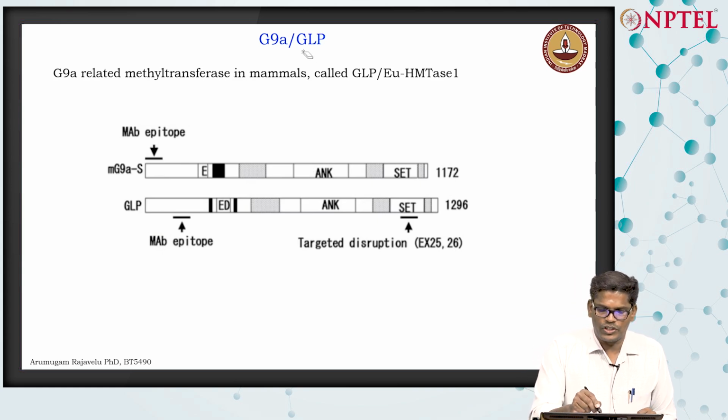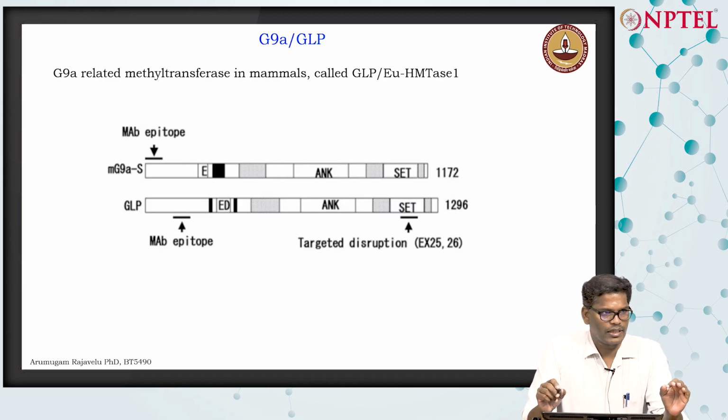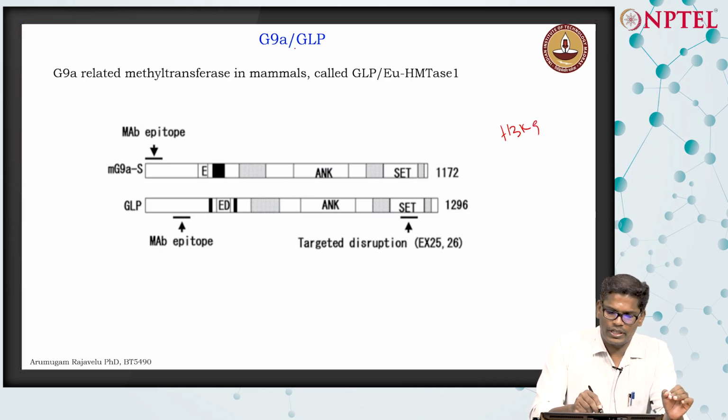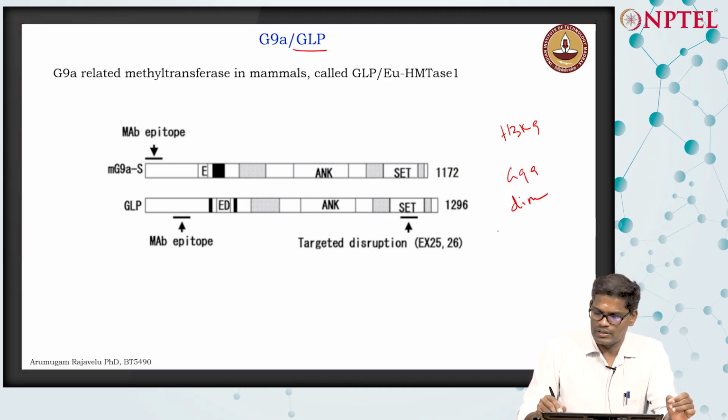Next, I will introduce very briefly another protein. So, only two proteins you keep in mind in connection with histone 3 lysine 9. One more protein which I'll introduce is called GLP. It's G9A-like protein. It is another dimethyltransferase, like G9A. It was identified later.